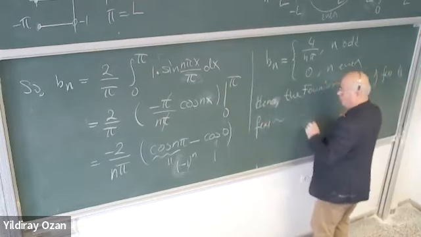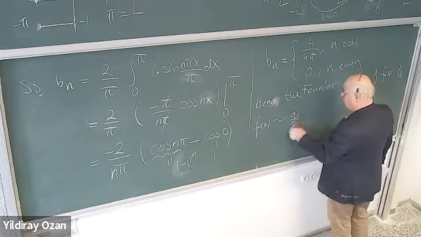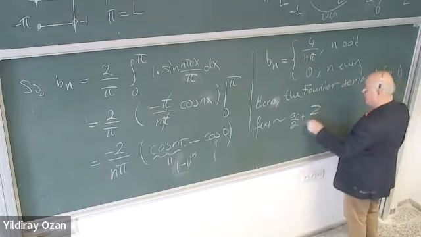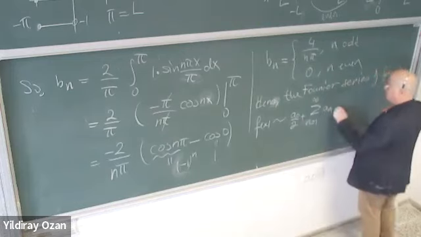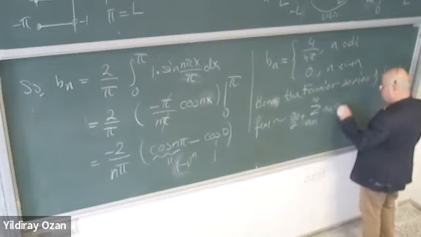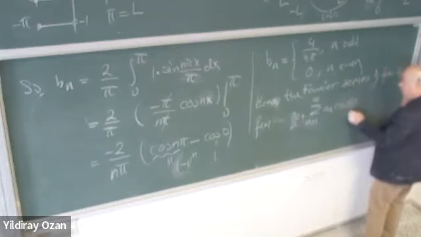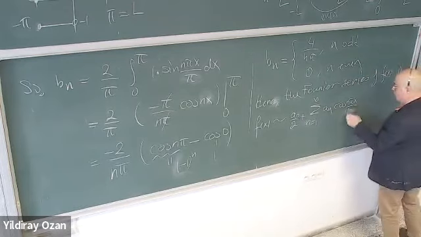Notasyon şu. f of x has the Fourier series a0 over 2 plus neydi işte n from 1 to infinity an cosine n pi x over pi, ya da L yazayım, tamam, şöyle.